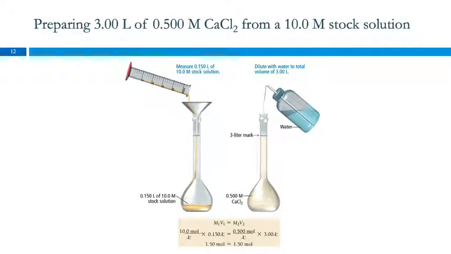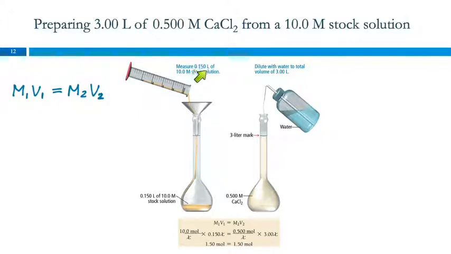So I'm just going to write this on the side because that's kind of small down there. The idea here is that the molarity of the one solution times its volume is equal to the molarity of the second solution times its volume. We're not doing the calculations here, we're just being told this is what was calculated.